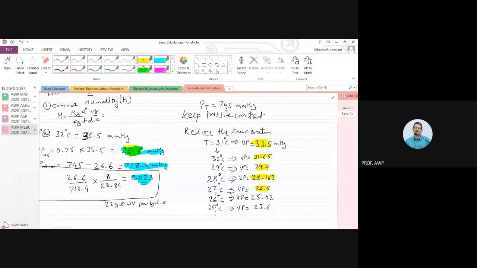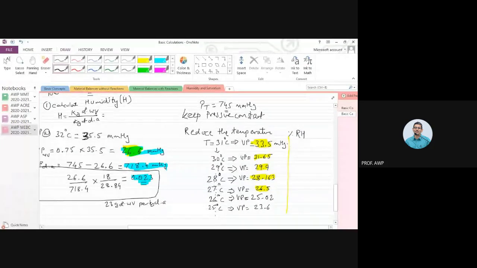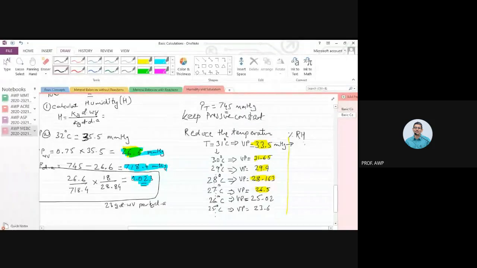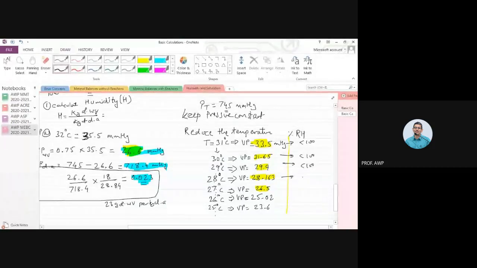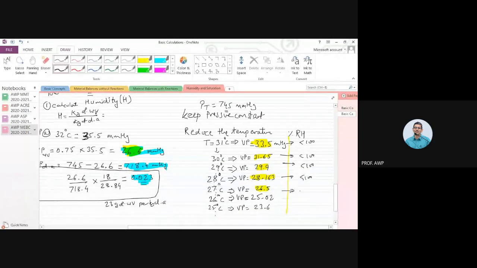What does that tell you? If I calculate percent RH at this temperature, percent RH will be less than 100. At this, it will be less than 100. At this, it will be less than 100. At this, it will try to become more than 100.